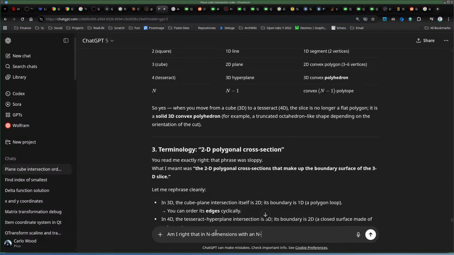Is it called a cube? Now I wish I still had the list. Cube, tesseract, and then it called it an n-cube, which is kind of weird. You know why? Well, maybe tesseract is not known enough.